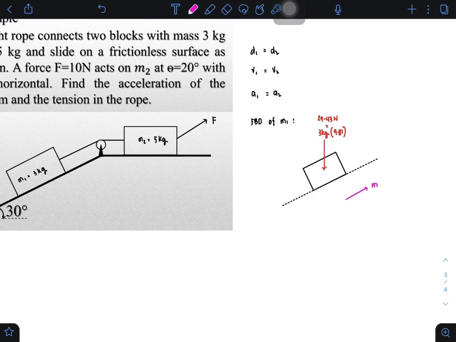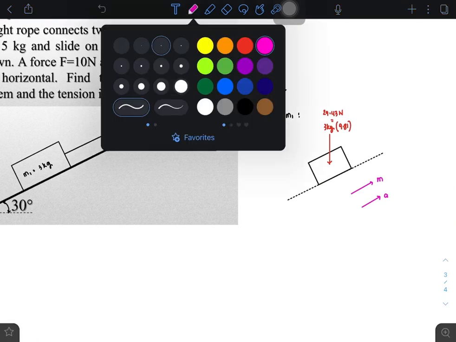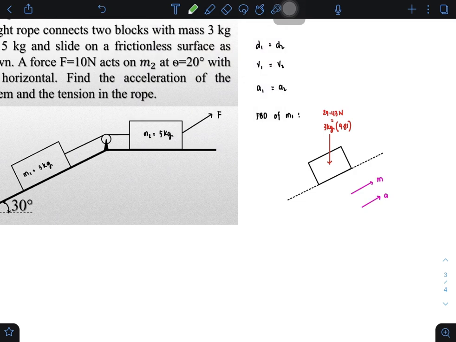This is the motion, and this is the acceleration. If that is the acceleration, then the REF would be found here. So this is the REF of the first block, because there is an REF of the second block as well.